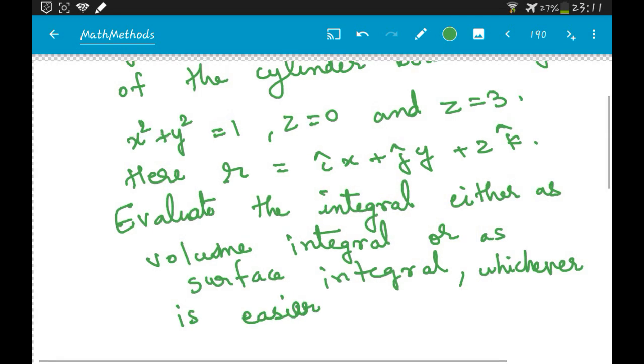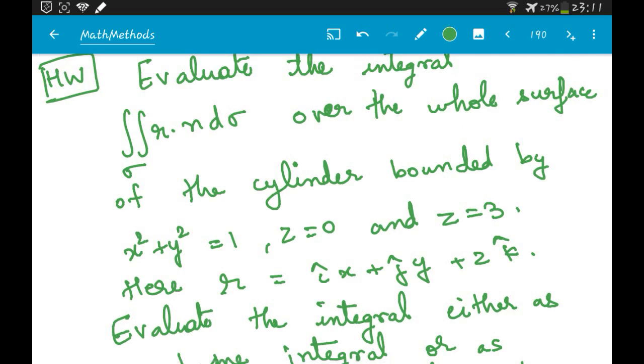Okay, so here just look at the problem. The problem wants you to calculate this integral over the whole surface area of the cylinder. So cylinder is a closed volume, right? It is not an open surface, it is a closed volume, and this is of the form V dot n d sigma.